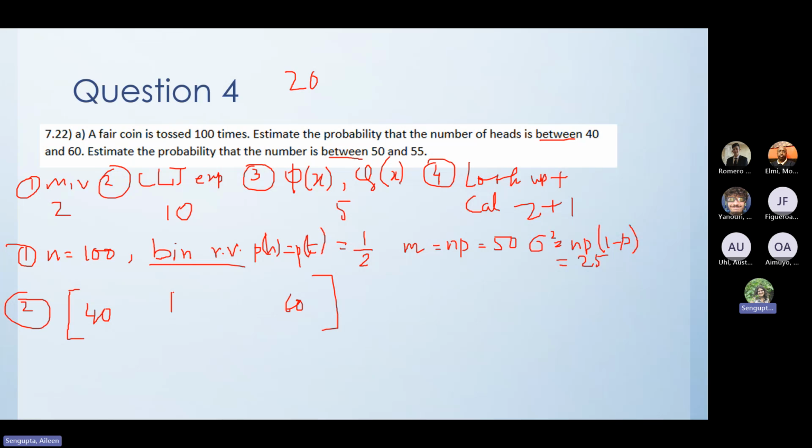Whatever value we are trying to find out, we will subtract the mean from that and divide it by the standard deviation. What is the difference between variance and standard deviation? Well, if you take the square root of the variance, it's the standard deviation. So this is the standard deviation. Do not confuse that. What we have found out is the variance, not the standard deviation. We have found out sigma squared.